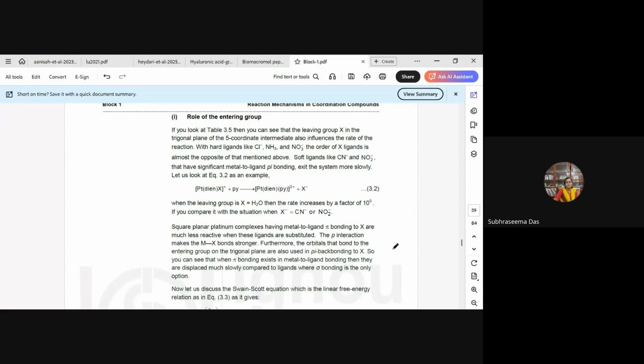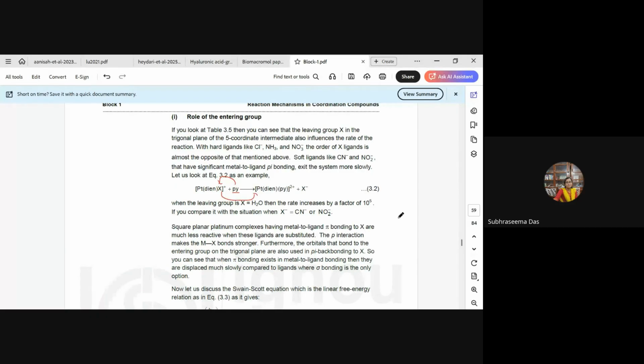But when we consider soft ligands like cyanide, NO2 minus, that have significant metal to ligand pi bonding, they go very slowly out of the system. So here, if we have an example, platinum py2X plus pyridine, it goes into this system and X is removed.